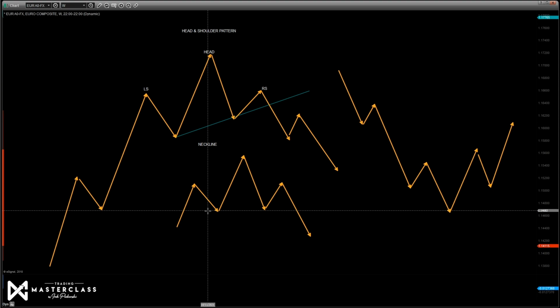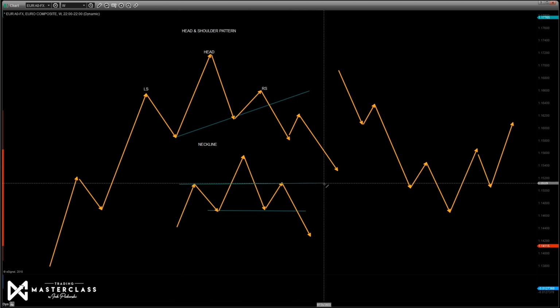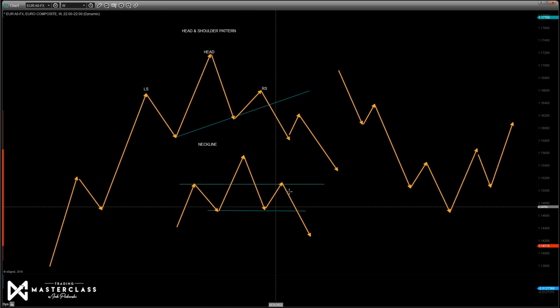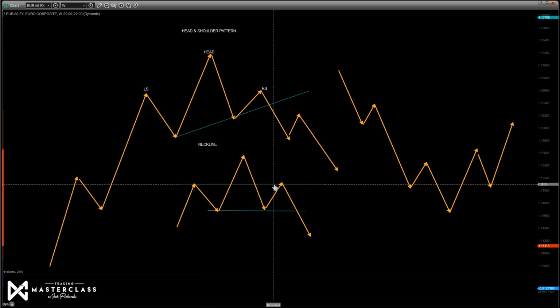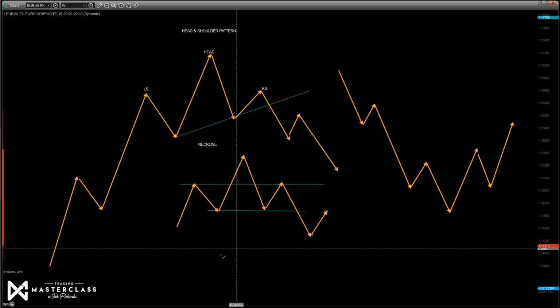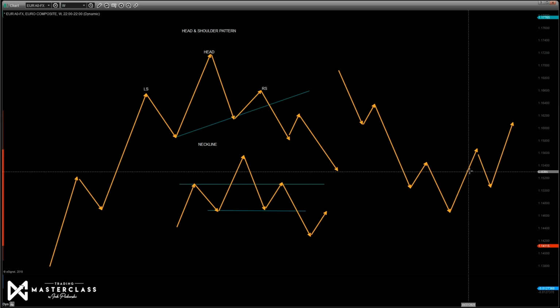So here we have a straight neckline, okay, and straight shoulders. So this is the most common option that everybody sees, okay? And it's a great head and shoulder pattern. And you can, again, take the more aggressive option or take the retest of the neckline, you know? Then you would get something like this. This is, in my opinion, the best head and shoulder pattern.